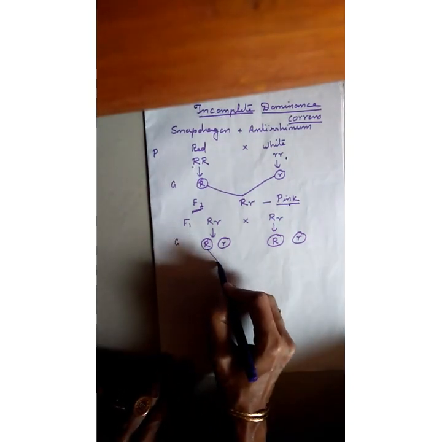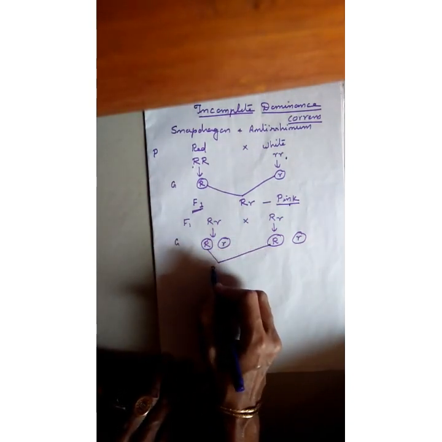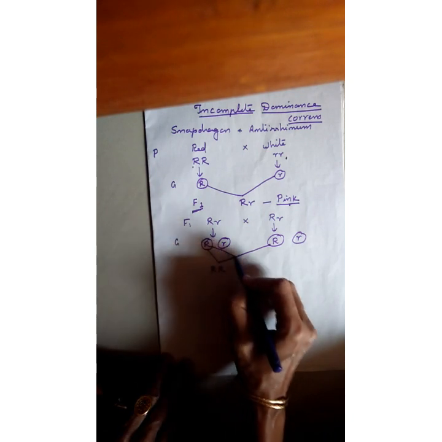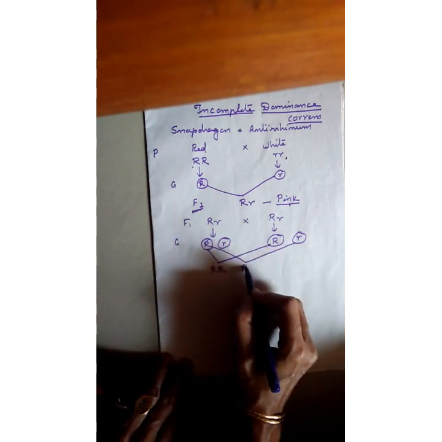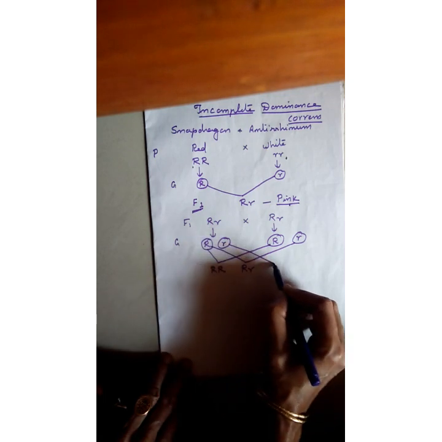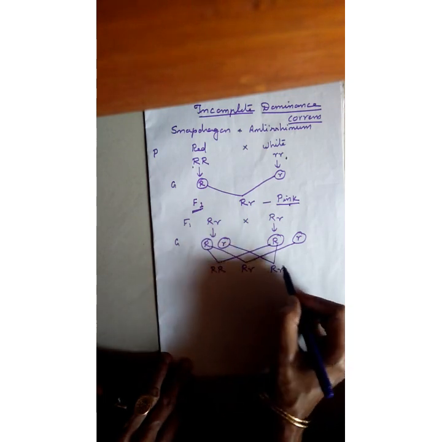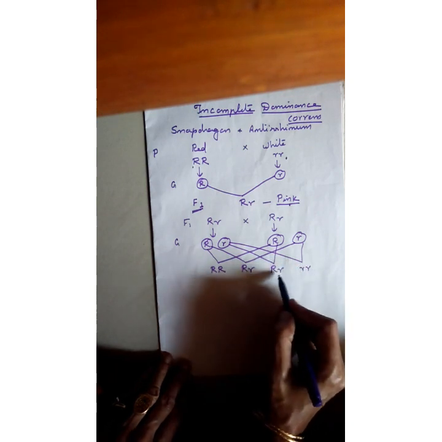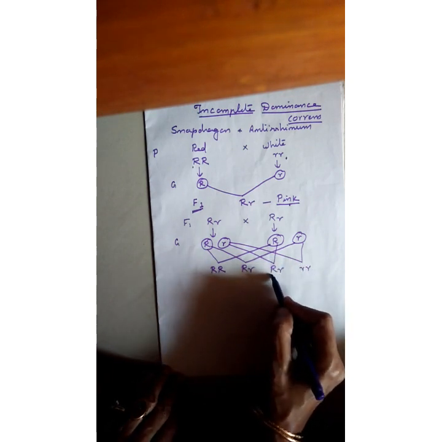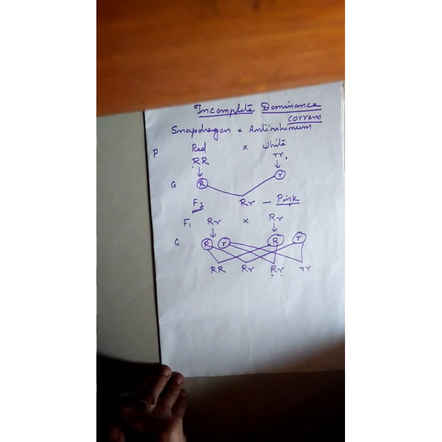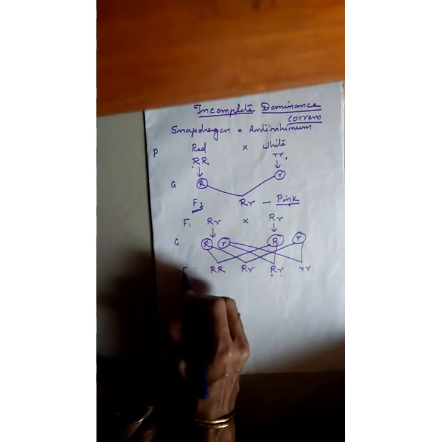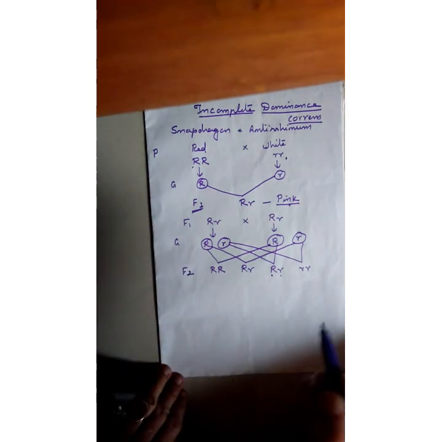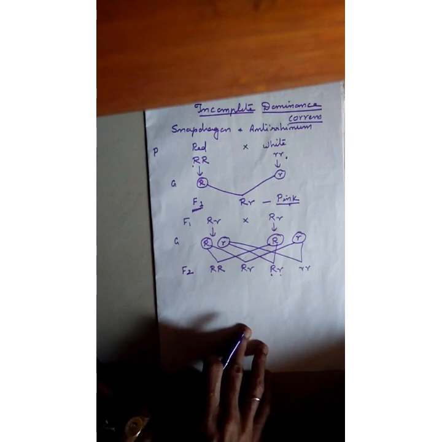So during gamete fusion, we get capital R capital R, capital R small r, here again capital R small r, and small r small r. When you are writing, first you should write the dominant allele followed by the recessive allele. This is which generation? Second filial generation, F2 generation.